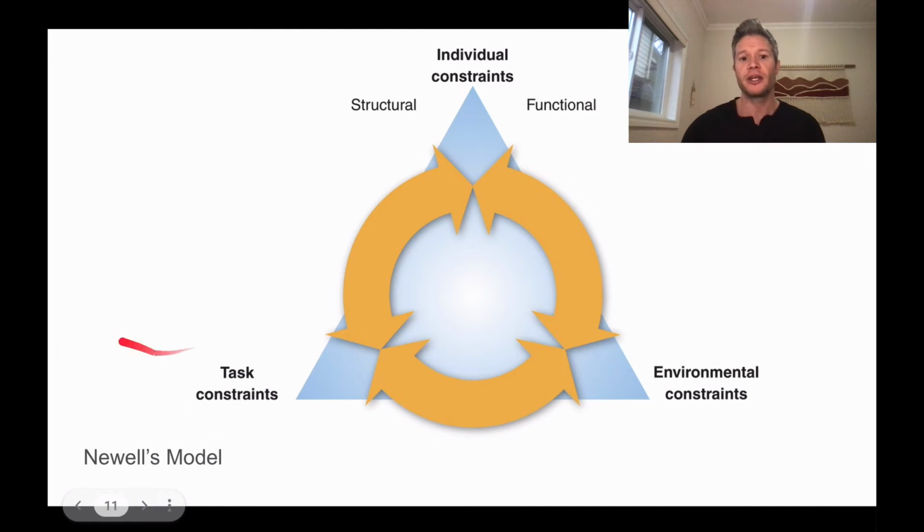A task constraint we'll learn has more to do with the rules and tools as far as how we do our movements and the task itself that we're trying to achieve. And last but not least, we have the environmental constraint, so anything external to the individual or the person moving. And obviously one influences the other, which in turn influences the third component, and it's all intertwined. Okay, so let's look at each of these in a bit more detail.